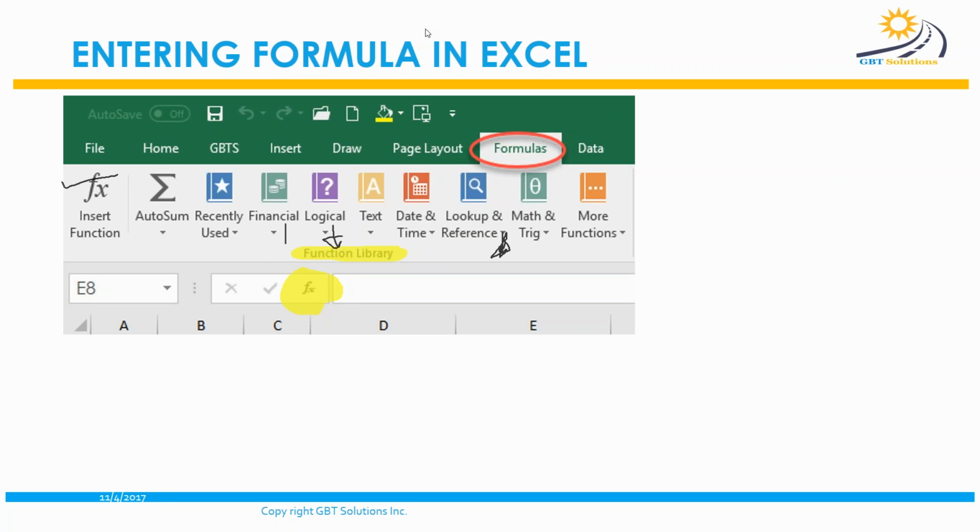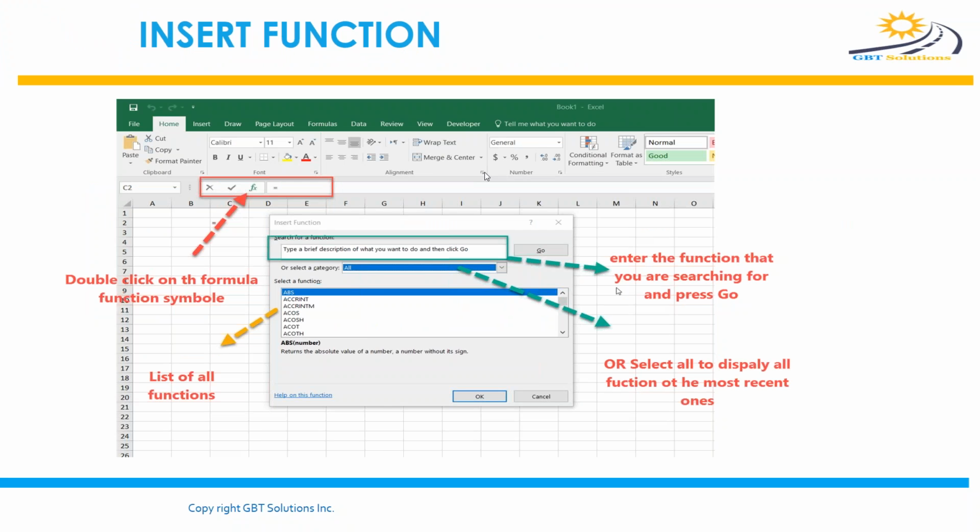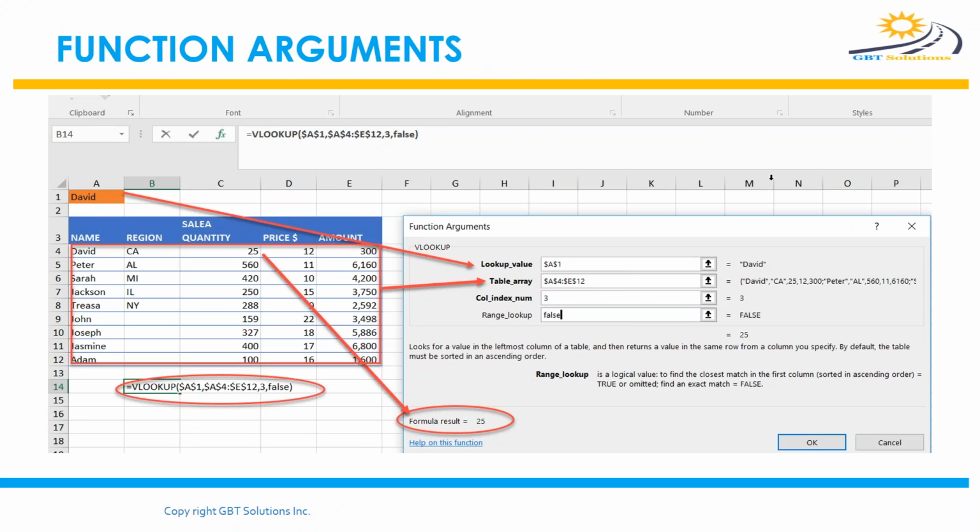Here we're talking about entering the formula manually. Here functions argument, like we see, after you have the functions argument, when you press this arrow, you go and select A1.